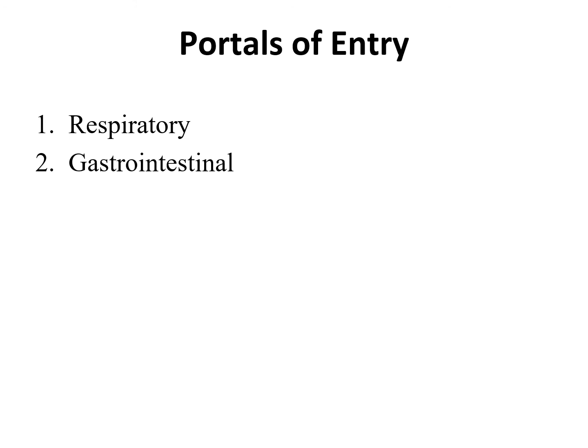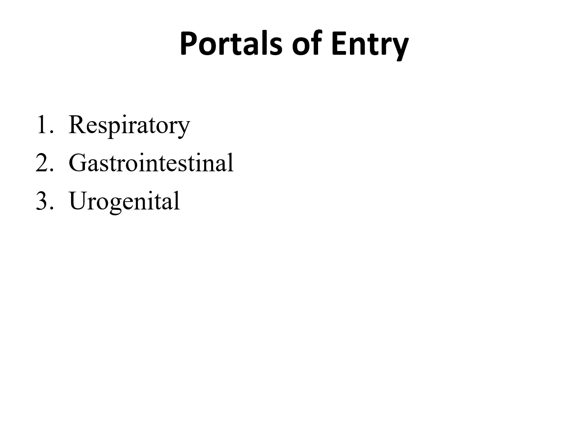The third most common portal of entry is the urogenital system, and this mainly relates to the genital system with sex. And of course, that's the portal of entry for the STDs. So these are the three types of mucous membranes: respiratory system, gastrointestinal system, and the urogenital system.